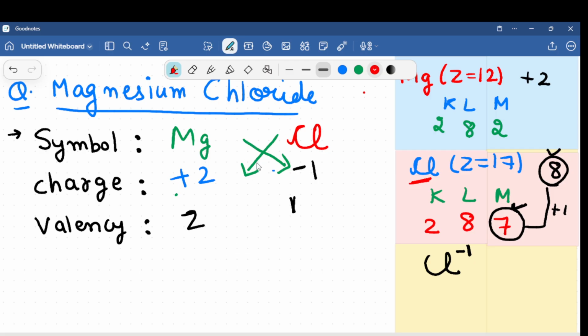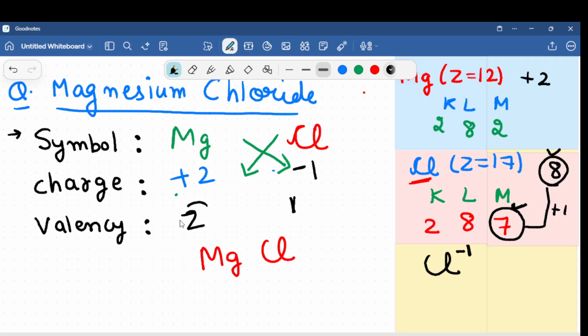So crisscross, what do we mean by crisscross? We will see. By crisscross we mean that, see, we will write here only MgCl, right? So by crisscross, or we can also say that it is a phenomenon of crossover. We will apply crossover, that the valency of magnesium is plus 2 or 2 you can say.